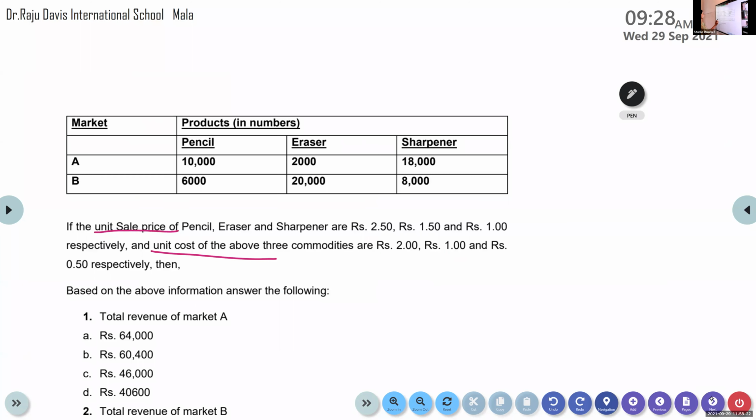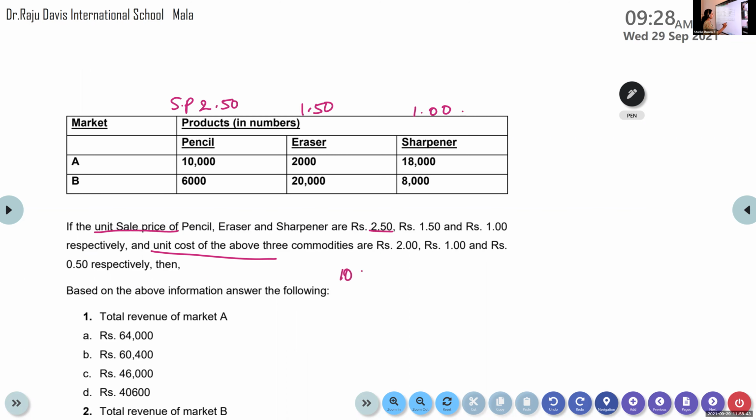Look at your selling price: it is 2.50 for pencil, 1.50 for eraser, and 1 rupee for the sharpener. So what will be the total revenue of market A?